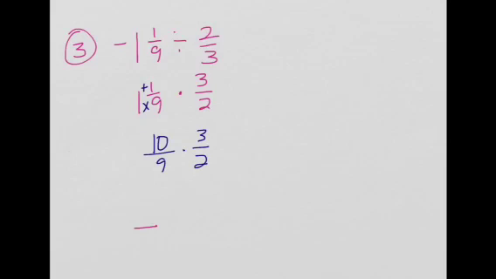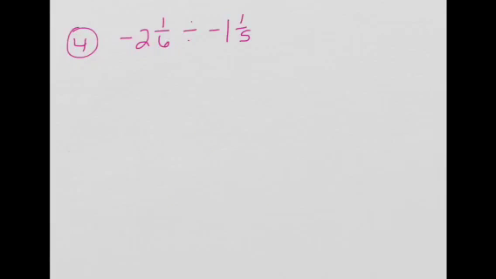I'm going to cross cancel 2 with the 10, and 2 goes into 10 5 times. 3 goes into 3 1. 3 goes into 9 3 times. So it's going to be negative 5/3 or negative 1 and 2/3.